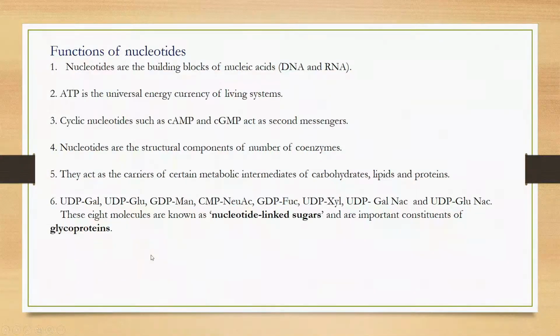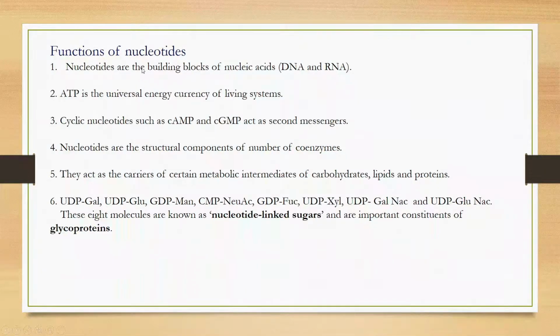A prime is used to denote the carbon atoms of the pentose sugars, to differentiate them and avoid confusion with the carbon atoms of the purines and pyrimidines. The 5 prime nucleotides are more often seen. So when you write AMP, it is taken for granted to be 5 prime AMP, but when the 3 prime variety is meant, it is always written as 3 prime.